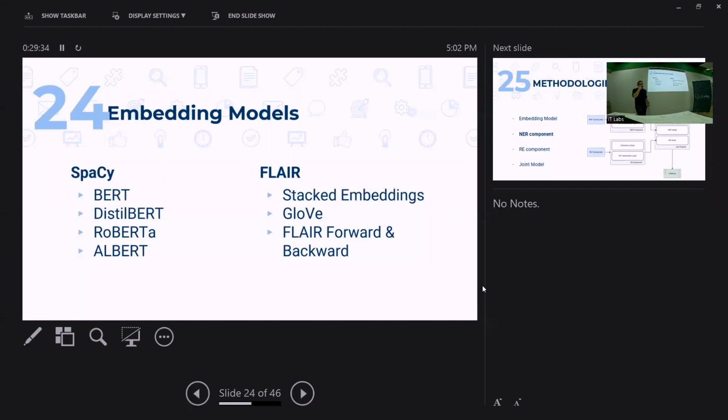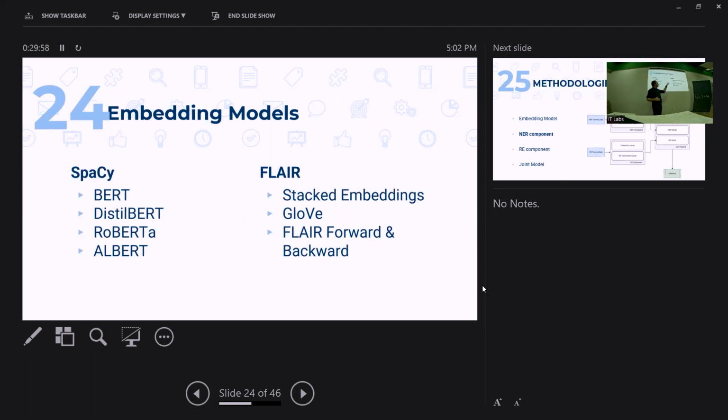We also use two different libraries. We use spaCy, a quite famous library, and we use Flair, which is not so famous, but it's okay. It's from Facebook research. In spaCy, as I mentioned, we implemented 4 different transformers. In Flair, we didn't use the transformer architecture; we used a simpler architecture, which is a bidirectional LSTM.